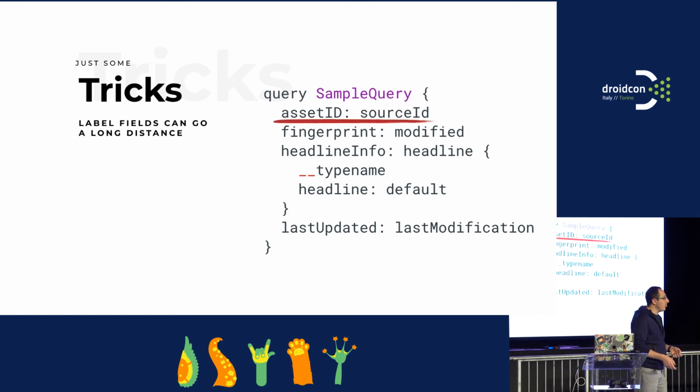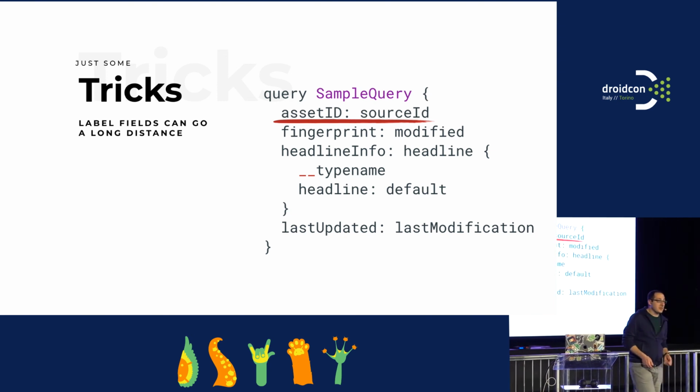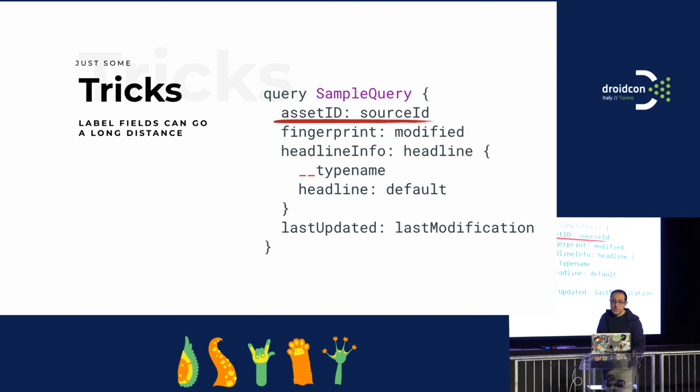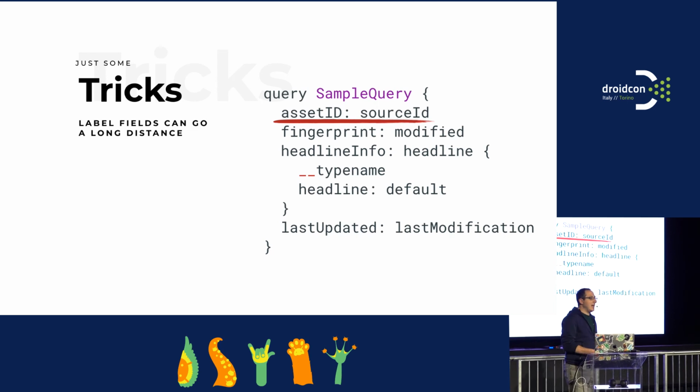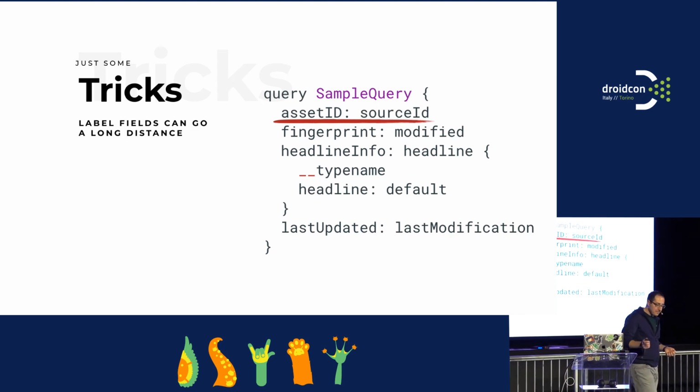Let's say that on the backend they are fine with calling the ID of an article source ID, but historically on Android we called it asset ID because we liked it more. So we can have our data type be named asset ID instead of source ID, because when you have very big objects, remembering how they're called actually makes sense.